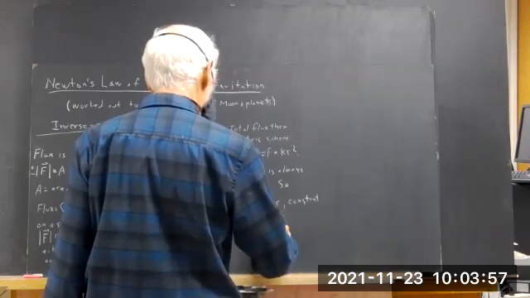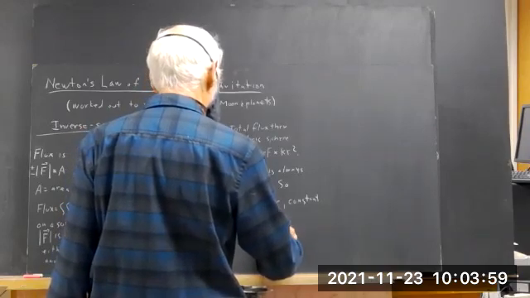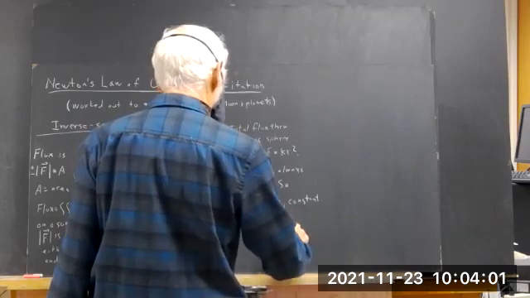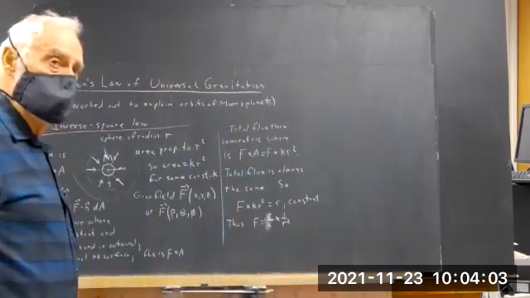I'm going to write it specifically as C over K times 1 over R squared.